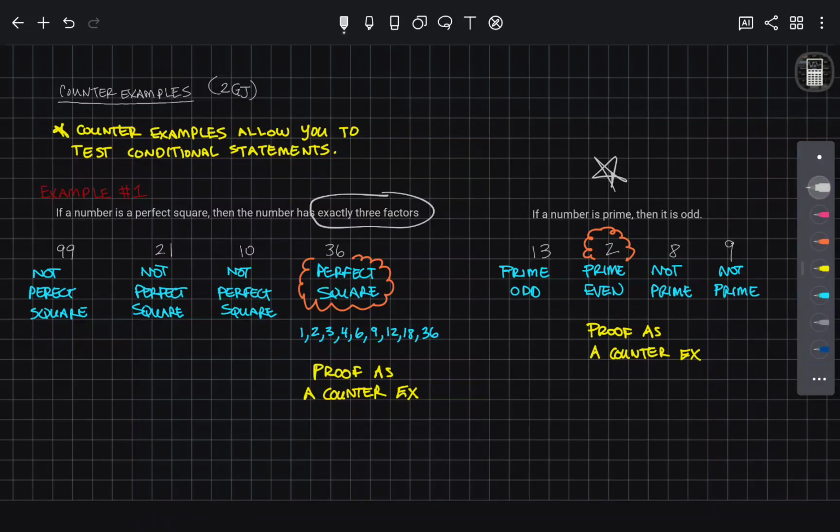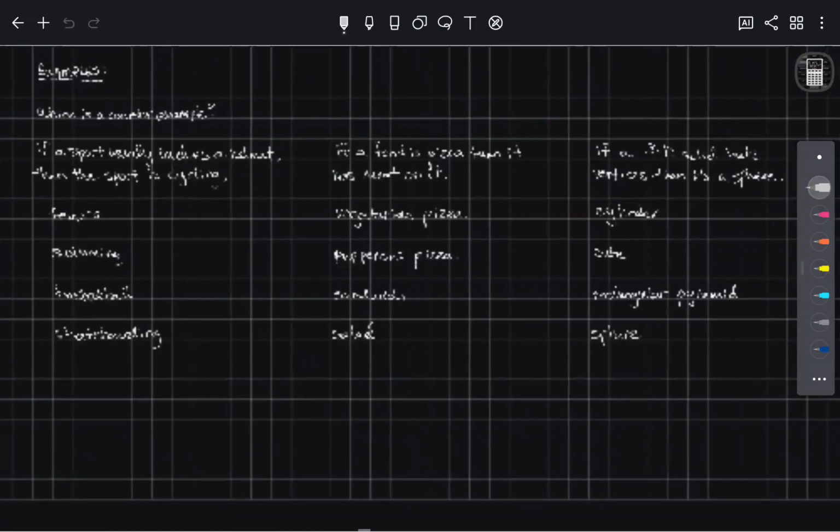But 2 is the only even prime number, making this statement, if a number is prime, then the number is odd, as being false. So by providing a counterexample of something that's true that is outside of the statement being given, that's called a counterexample. Let's take a look at 3 more.